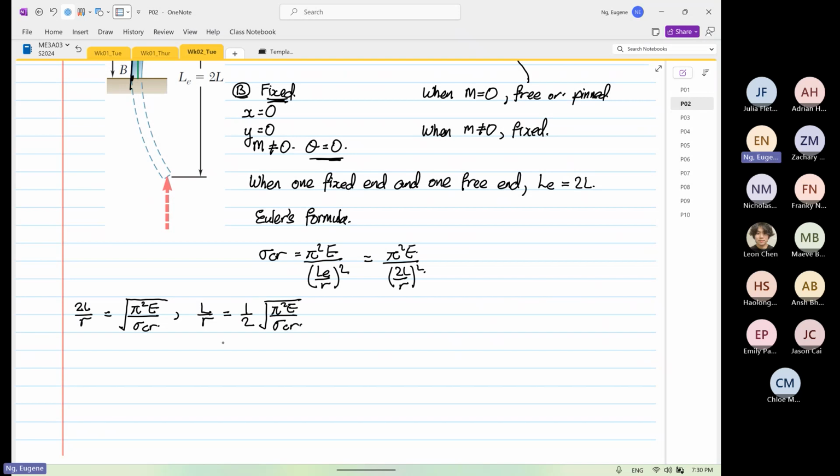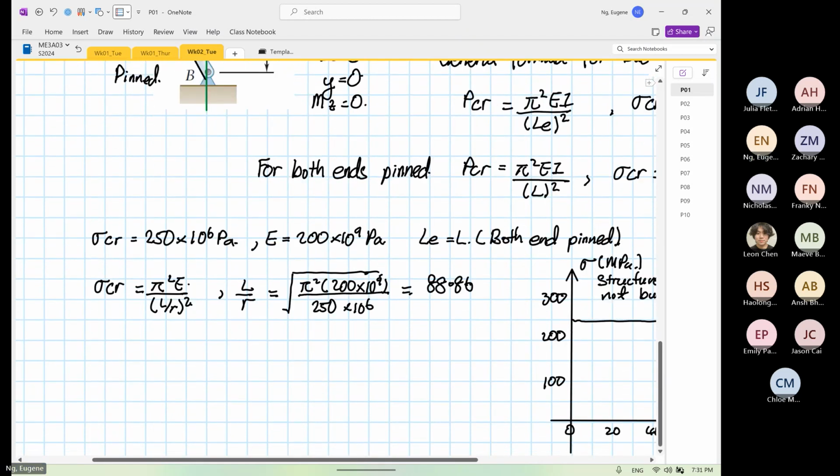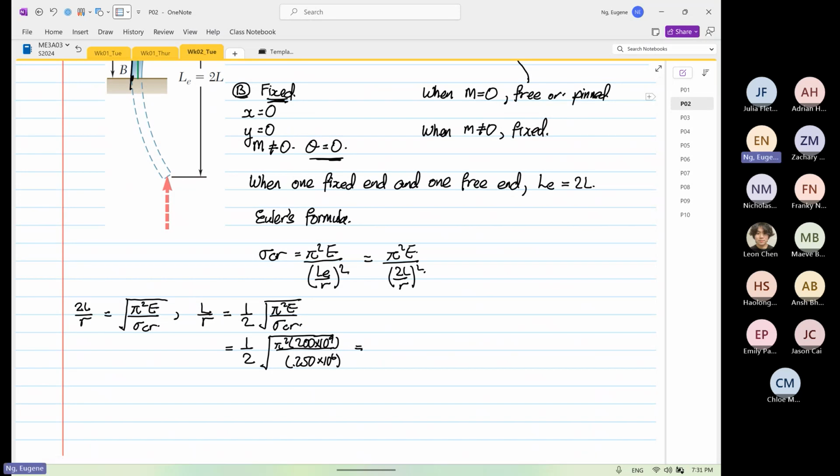And if we use the same value as before, this is half multiplied by the square root of pi squared multiplied by 200 times 10 to the power 9, divided by 250 times 10 to the power 6.